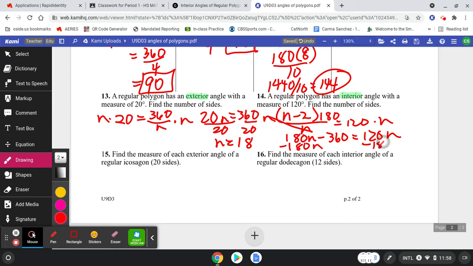Subtract 180n from both sides. Do you see that that's going to leave us negative 360 equals negative 60n? Divide both sides by negative 60, and n equals 6. A 6-sided figure has an interior angle with a measure of 120.